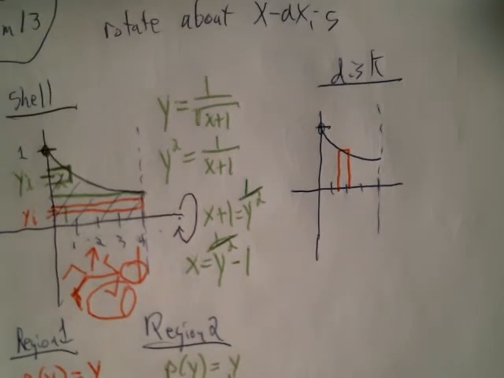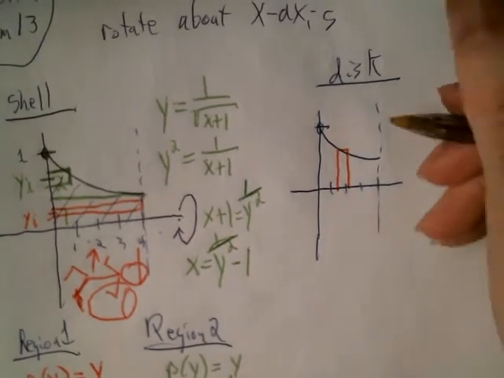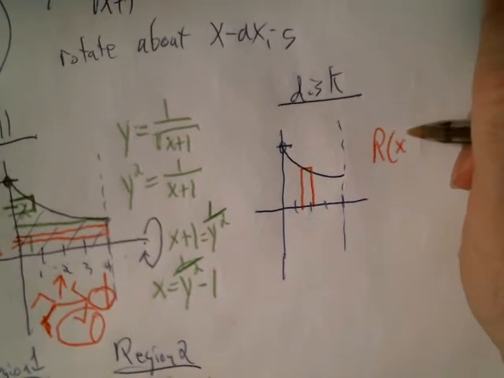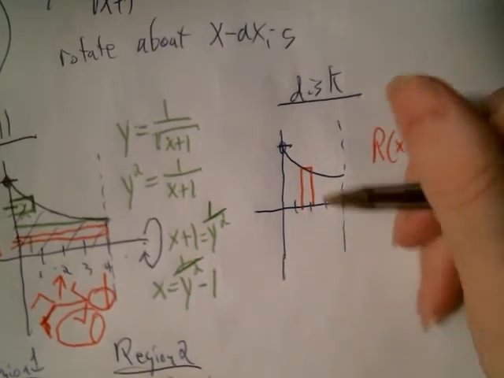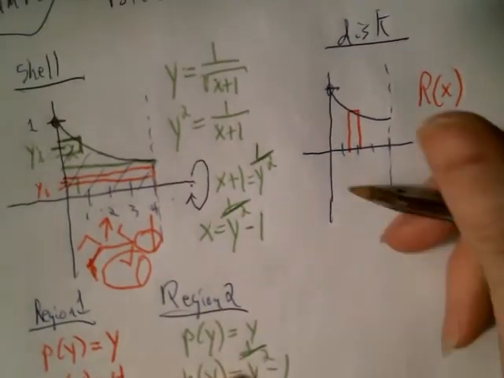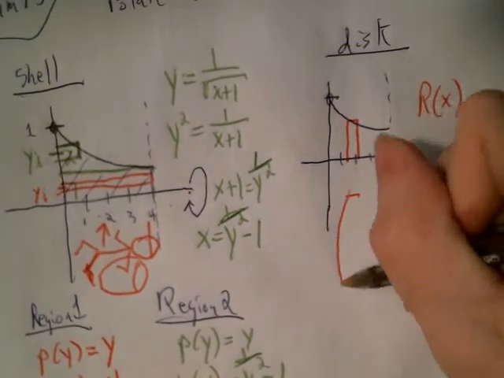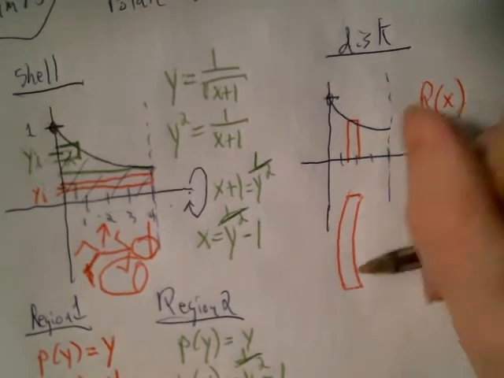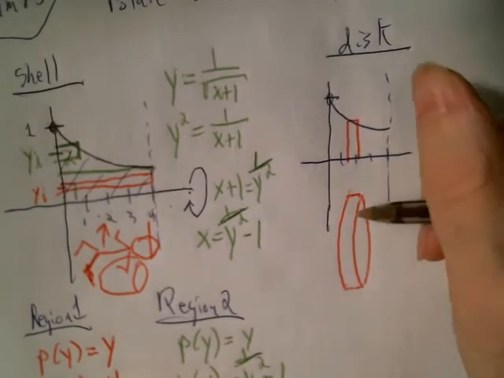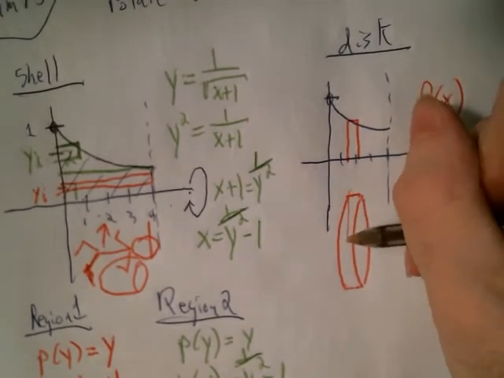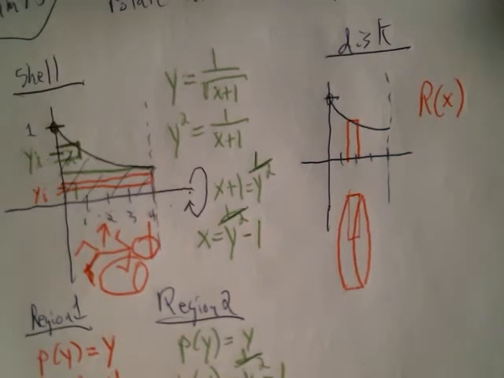Okay? So remember, for disks, you need a radius function, r of x. The region that this thing is worrying about looks like a disk this time. So it'll be this kind of object where the little rectangle is right here.